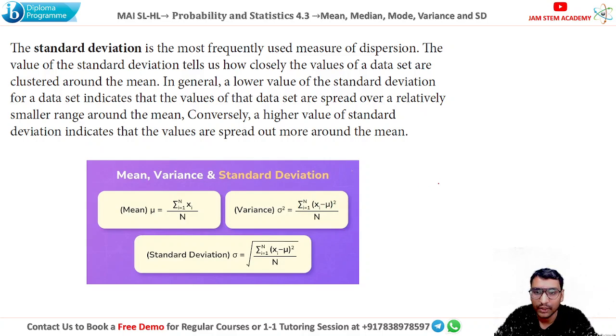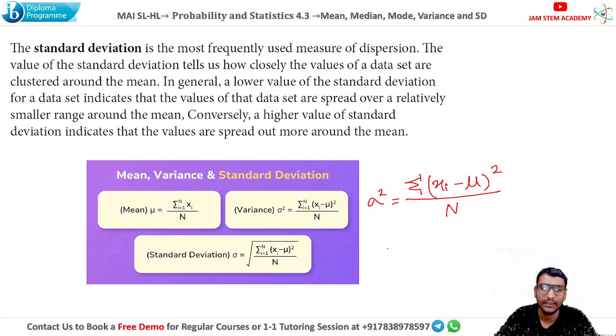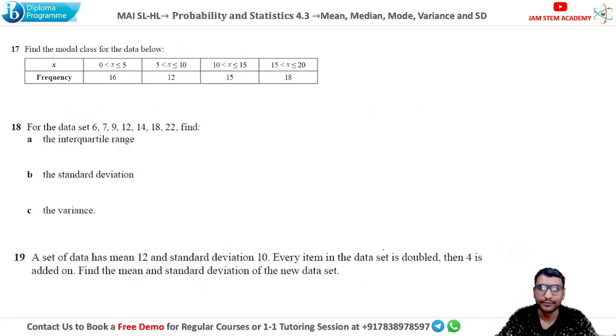So take all the observations xi, subtract the mean, take the sum of the squares of those values, divided by the total number of terms or the frequency sum. That gives the variance, represented by sigma squared. If you take the square root, you get the standard deviation. It tells us the deviations about the mean value.